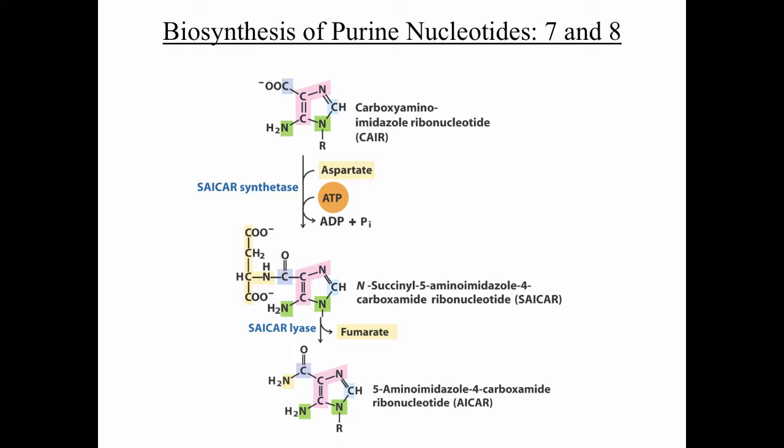And then the next step is the carbons from aspartate, they're actually going to leave as fumarate, and it's going to leave that nitrogen behind. So it's going to leave behind that amino group. Does this look like anything you guys have seen before, where you have aspartic acid being attached to a molecule, and then fumarate, the carbon skeleton, leaving the amino group behind?